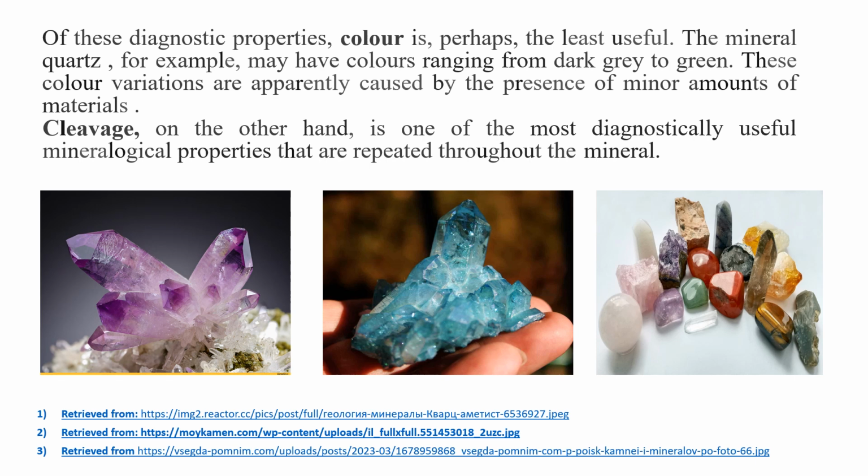The mineral quartz, for example, may have colors ranging from dark gray to green. These color variations are apparently caused by the presence of minor amounts of materials. Cleavage, on the other hand, is one of the most diagnostically useful mineralogical properties that are repeated throughout the minerals.